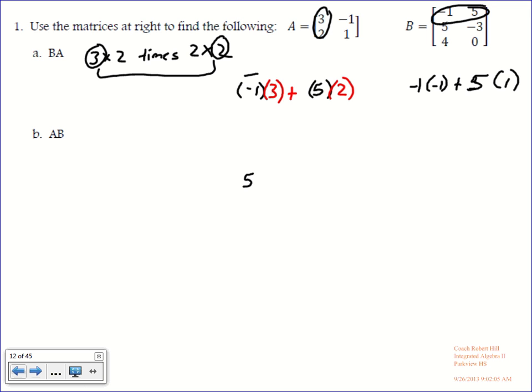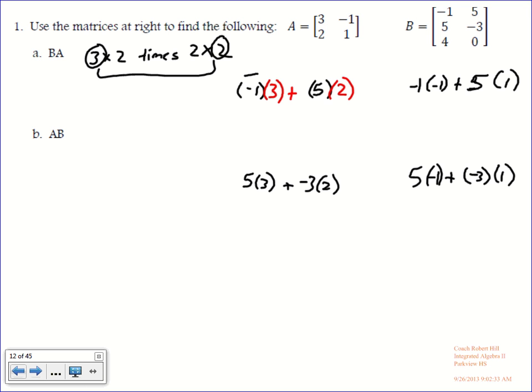I come down here, I write 5, -3, and I'm timesing that by 3, 2. So 5, -3 times 3, 2. Put a plus sign. Row, second column. So 5, -3 times -1, 1.